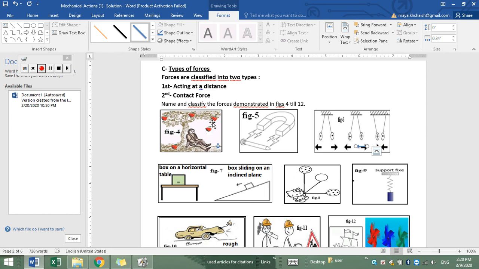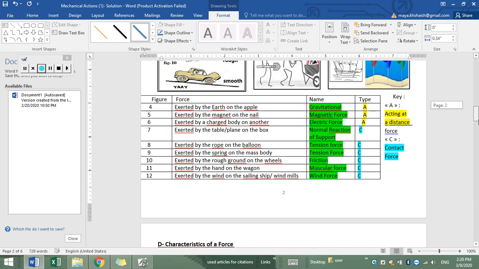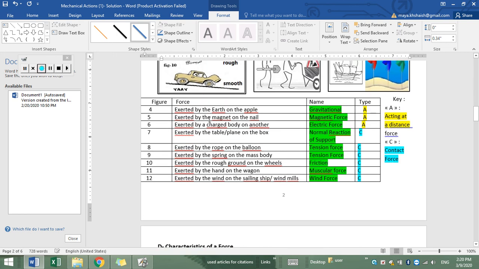Take the second example, figure 5. We are considering here the force exerted by the magnet on the nail. The magnet is the actor and the nail is the receiver. What is the name of this force? It is a magnetic force, as you can see. What is the type of this force? It is acting at a distance. Why?